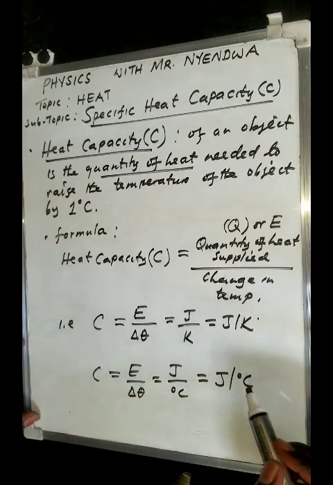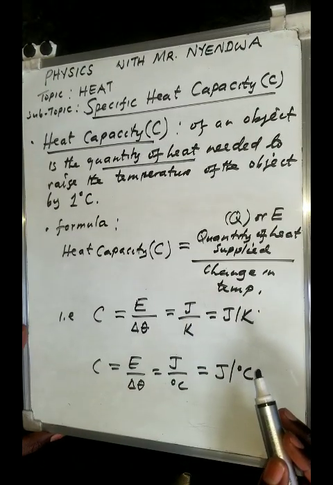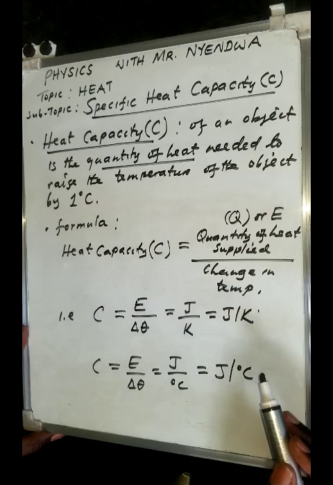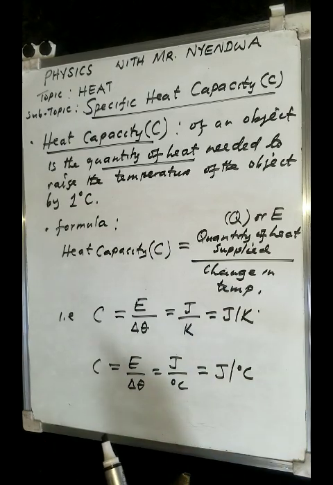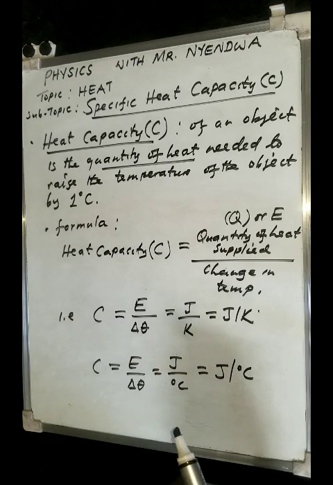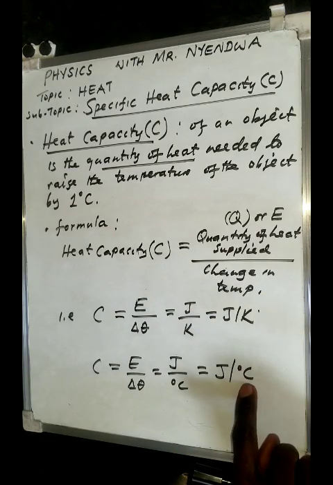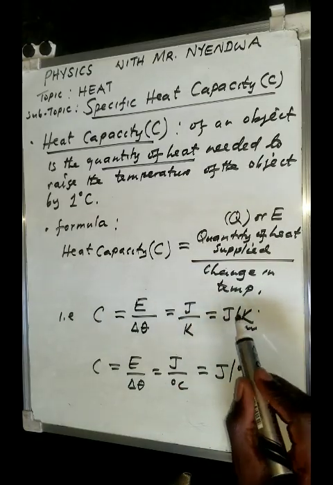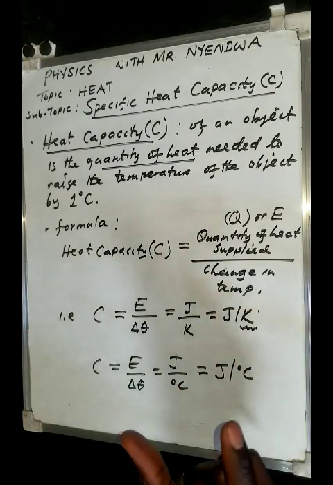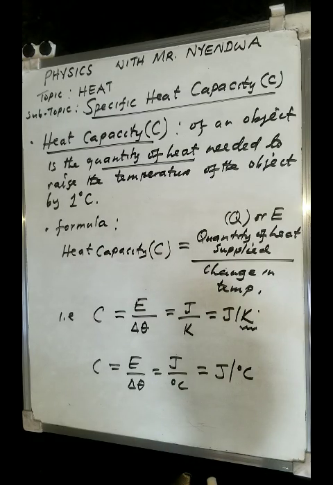Whichever they use, it is simply going to be the same. I want you to understand that when it comes to changes, the change in Kelvin and in degrees are just the same. So no wonder sometimes you can use Kelvin or you can use degrees, because the change in temperature is just going to be the same.